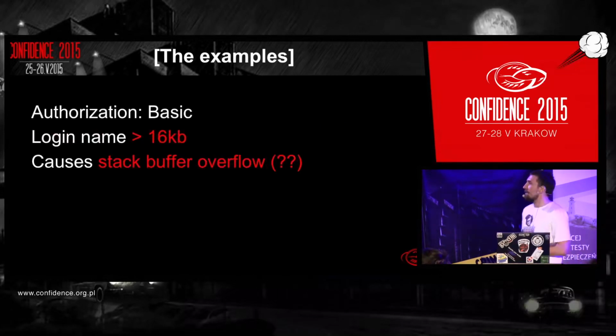The next bug is in the Authorization header with the Basic type of authorization. If we provide an extremely long login name, for example, 16 kilobytes, this will cause an unsecure string copy function to overwrite the memory outside the buffer.